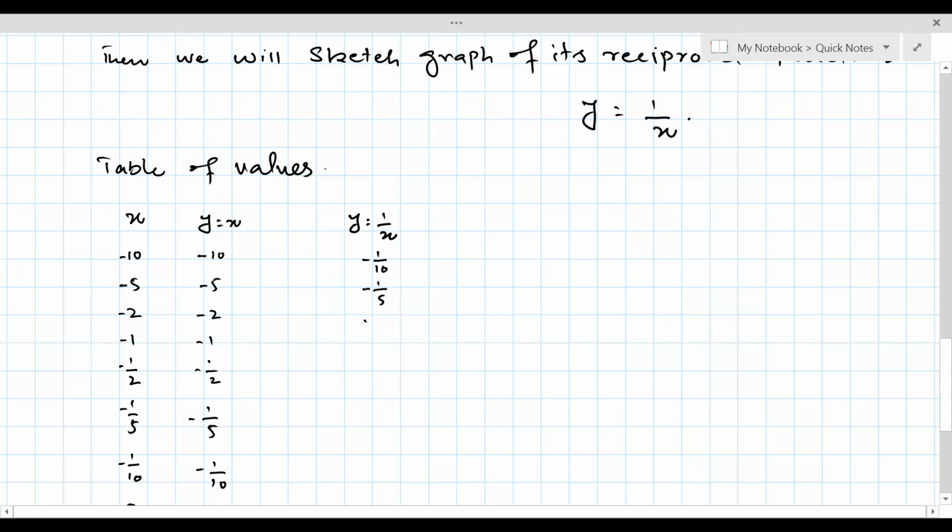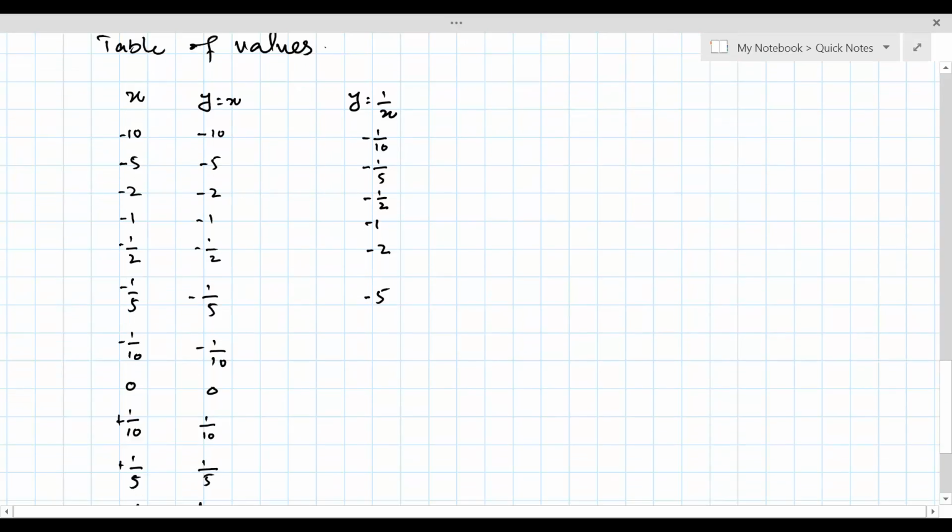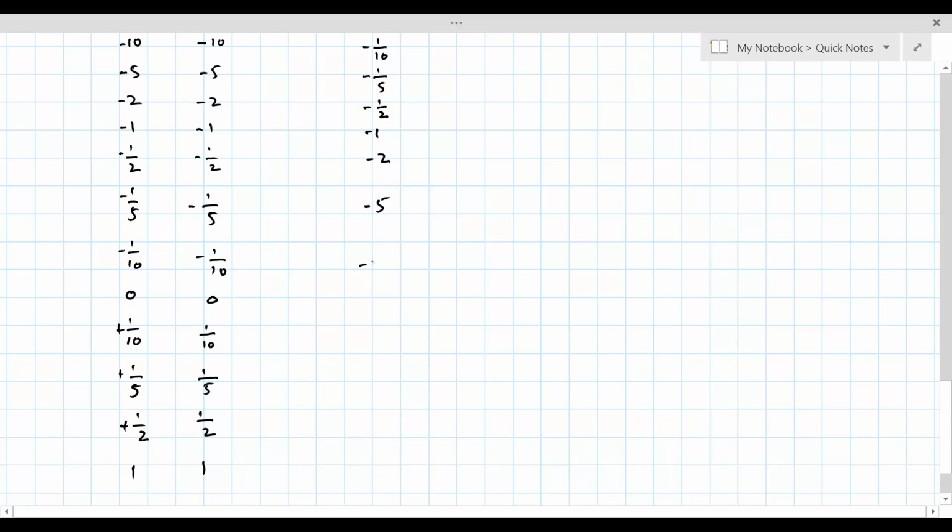Minus 2 will become minus 1 over 2. Minus 1 stays minus 1, and then minus 2, minus 5, minus 10. There is no definition of 1 over 0 because it's infinite. For plus 1 over 10, it is 10, then 5, then 2, and here it is 1.